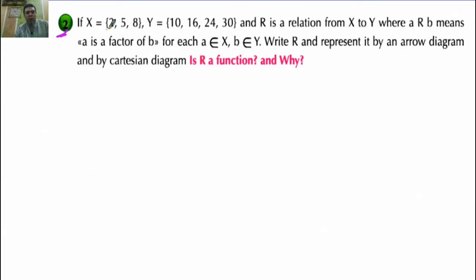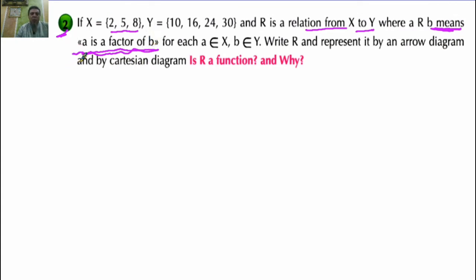Number 2: if X equals {2, 5, 8}, Y equals {10, 16, 24, 30}, and R is the relation from X to Y, and ARB means A is a factor of B. What is the meaning of A is a factor of B?